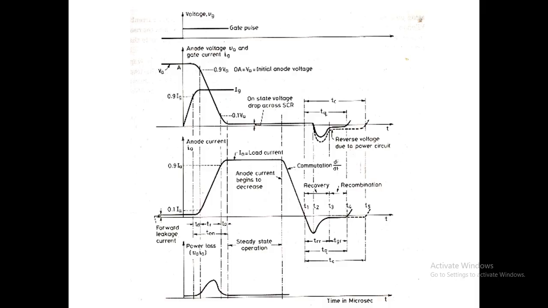During that condition, the current flows in only a minimum area of the cathode, and after that comes the rise time. In the rise time, the current increases from 10% of IA to 90% of IA, and the voltage decreases from 90% of VA to 10% of VA, and that is the time required for increasing the area of conduction from the minimum point surface area.